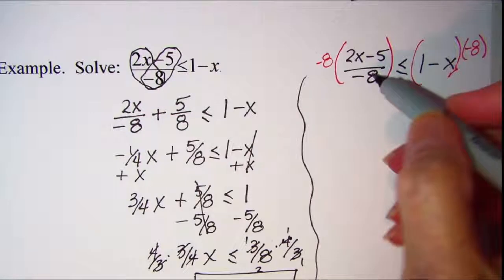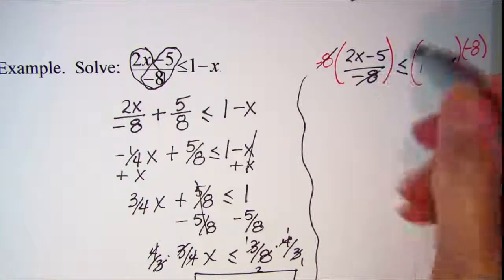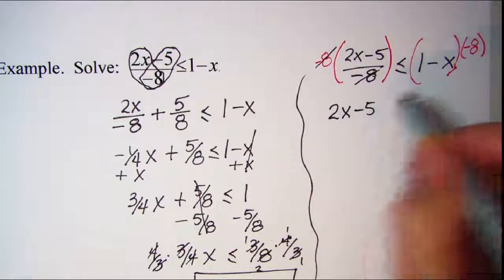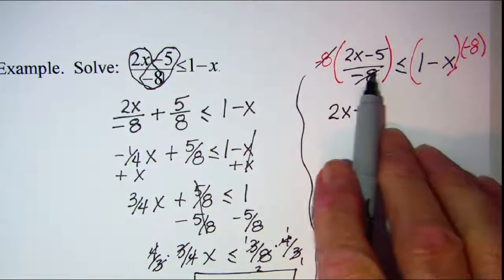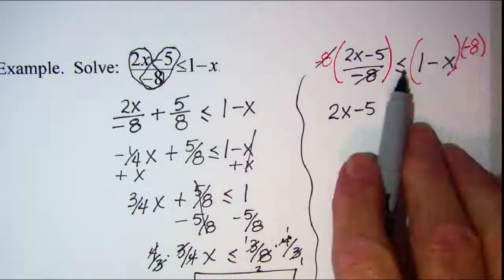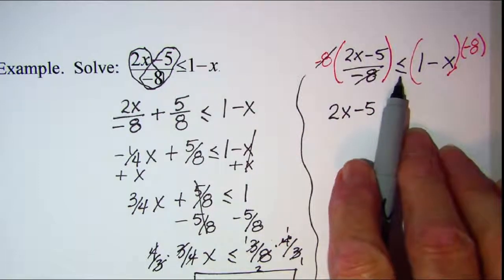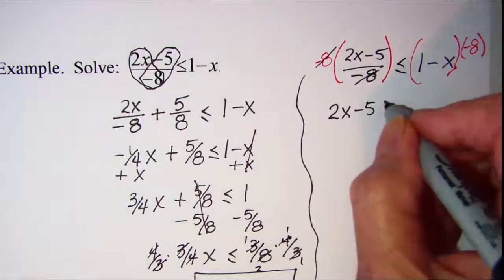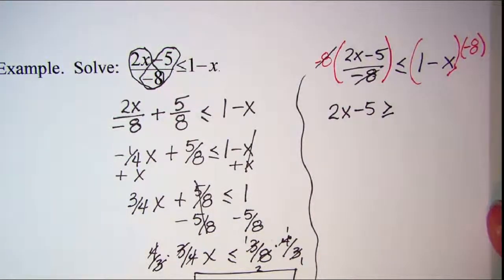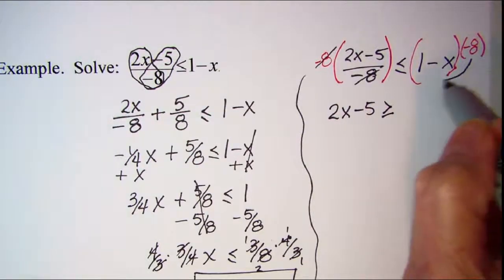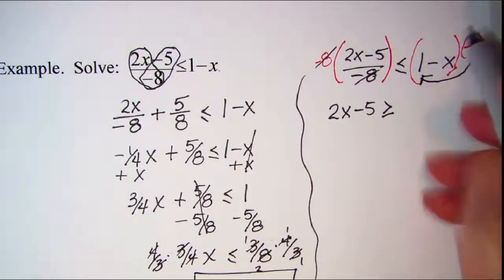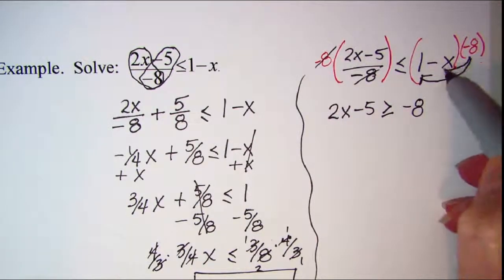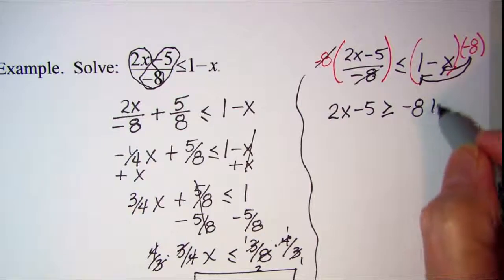So on the left side, the negative 8's cancel, and I just have 2x minus 5. And don't forget, when you multiply or divide by a negative number, you have to change the direction of the inequality. So originally it was less than or equal to. I need to change that to greater than or equal to. And then when I distribute, negative 8 times 1 is negative 8, and negative 8 times negative x is a positive 8x.